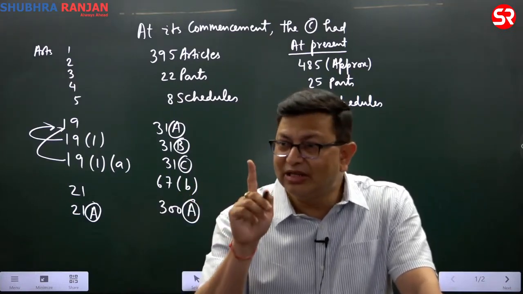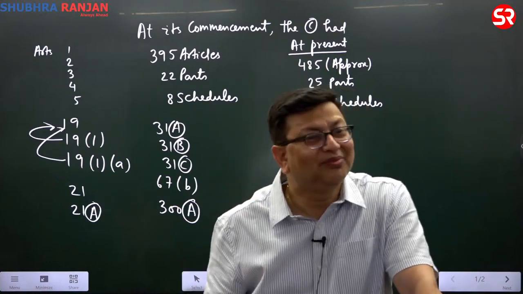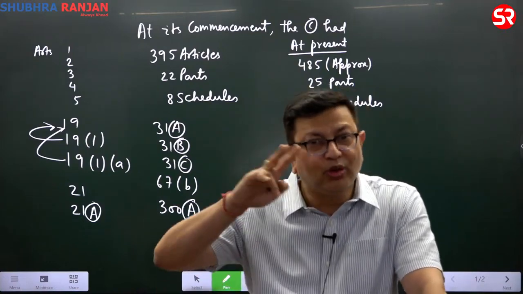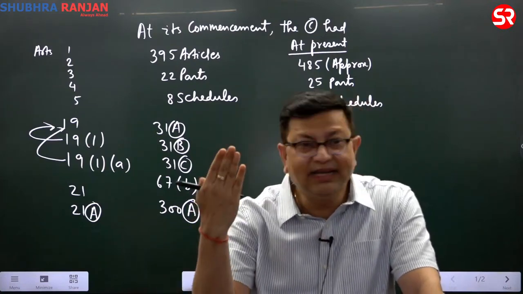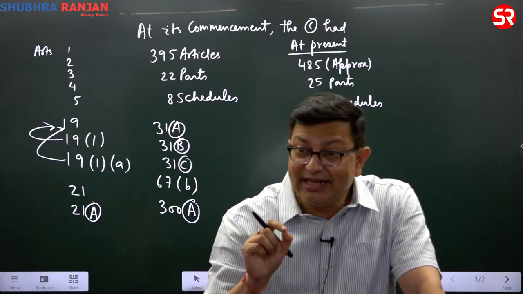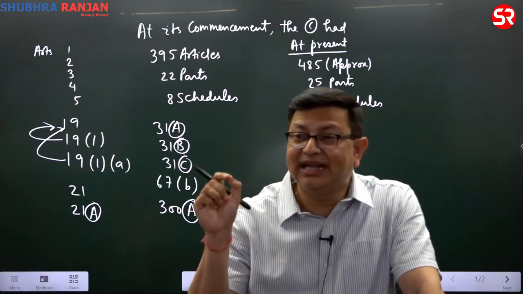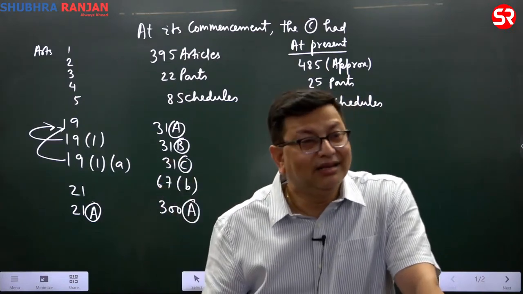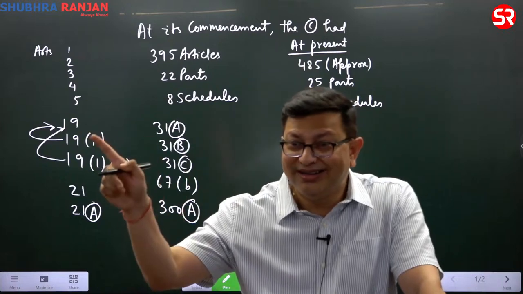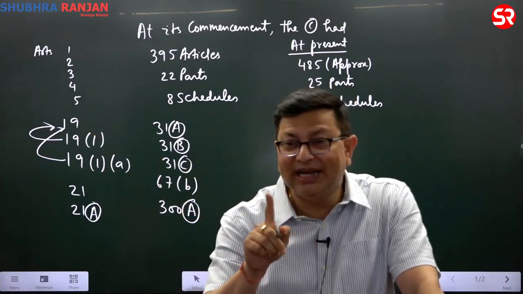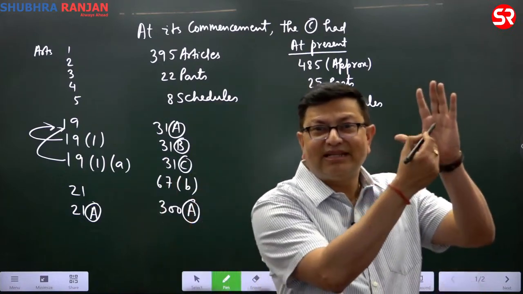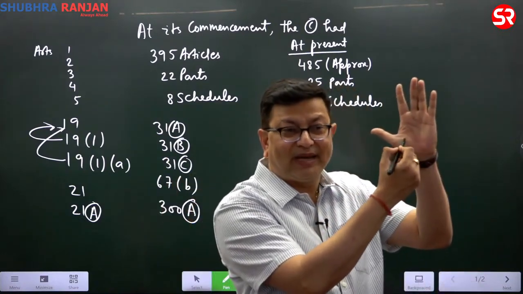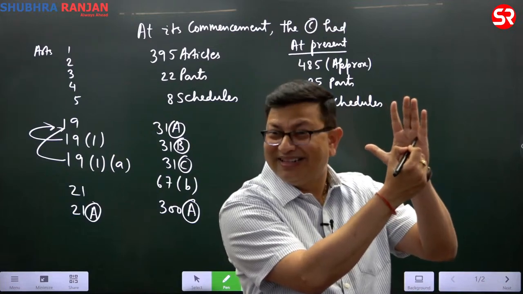The coherency of the document will be lost. You will not be able to correlate between article 1 and 2. आपका तो focus हो जाएगा on reading the name. So that is why the name of the states have been mentioned in schedule number 1. That if you are interested to see the name of the states, you should see schedule number 1. The name of the states and union territories have been given. Explanation of article number 1.